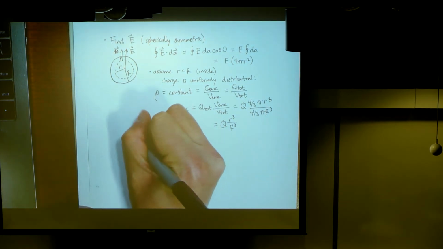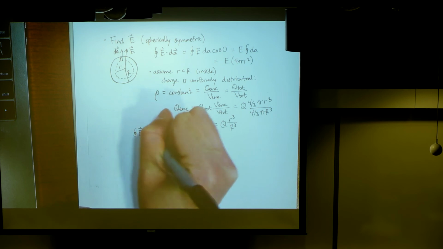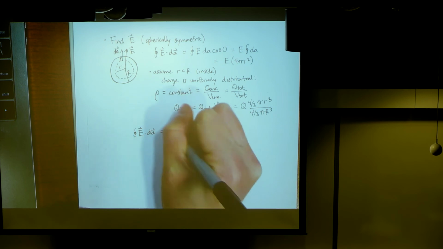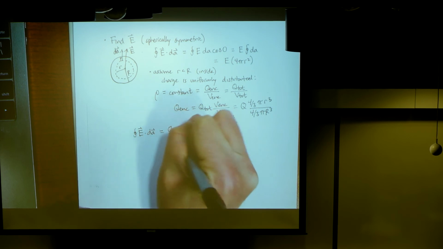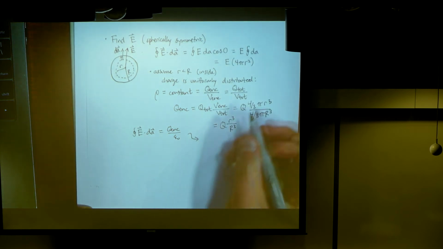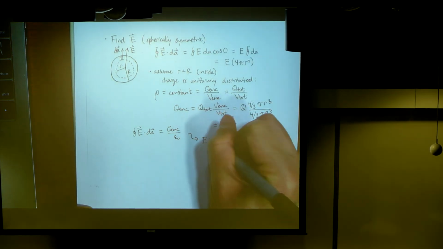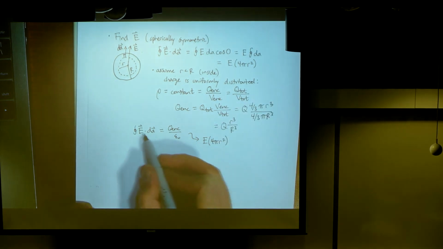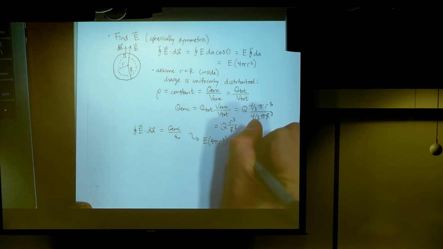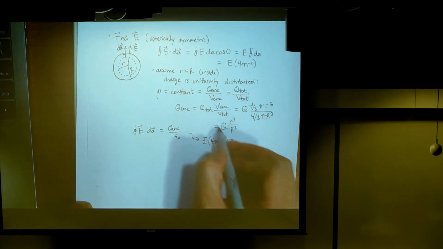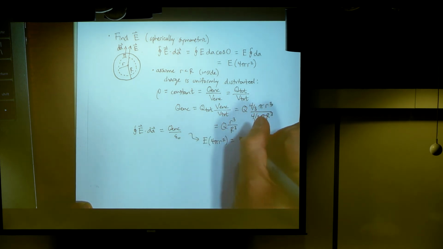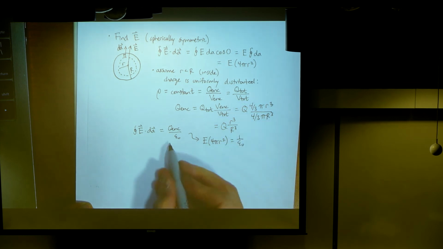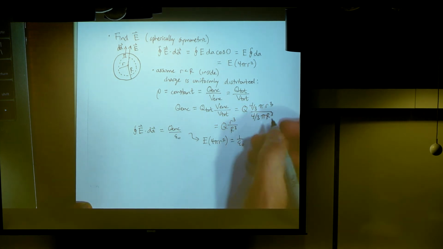So that means if we apply Gauss's law, E dot dA equals Q enclosed over epsilon naught, we will get E times 4 pi little r squared, that's the E dot dA portion, equals this Q enclosed divided by epsilon naught. So I'll just write 1 over epsilon naught to make sure we don't forget it. And then we have Q times little r cubed over big R cubed.